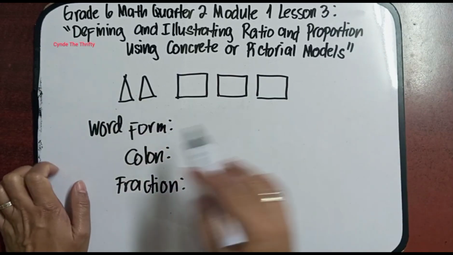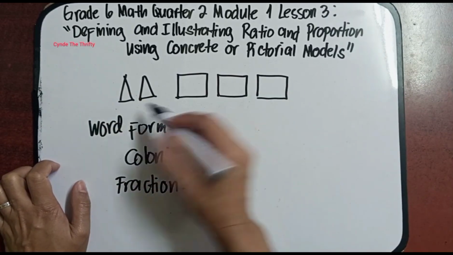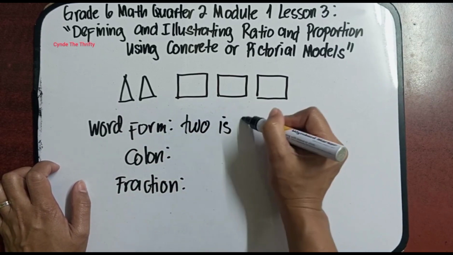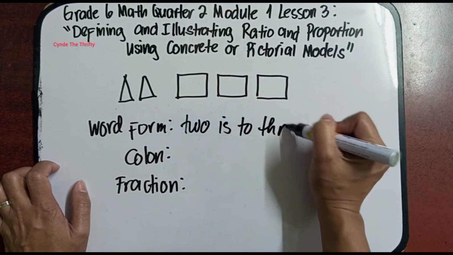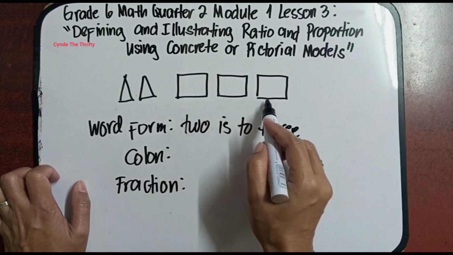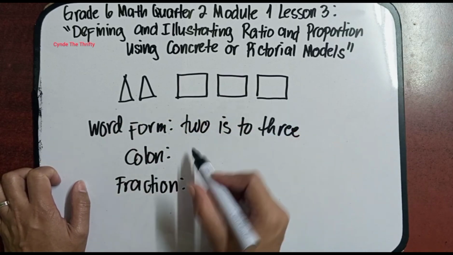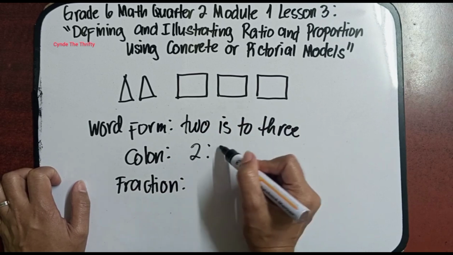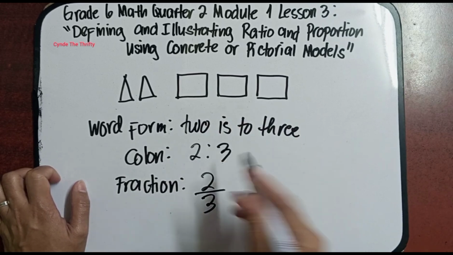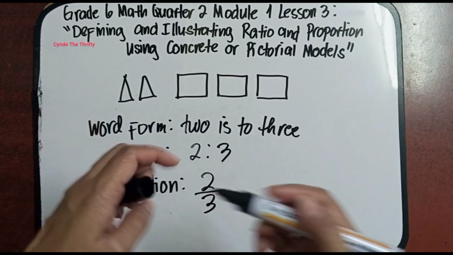So kapag i-express natin siya into word form, so that is 2 is to 3, kasi dalawa si triangle, 2 is to tatlong square. Okay, so sa column form naman is 2 is to 3 and sa fraction form 2 over 3. So ito yung pinag-aralan natin sa nakaraang lesson.